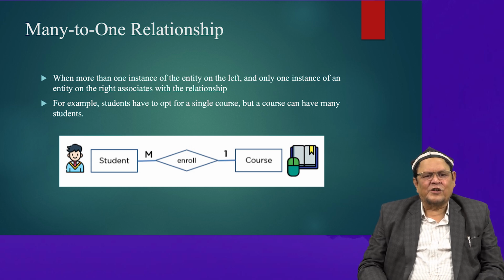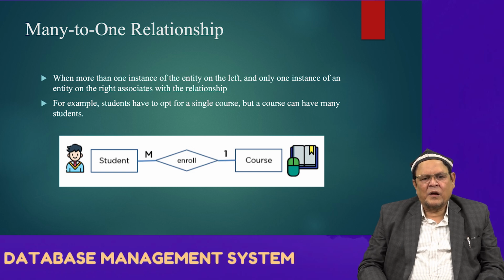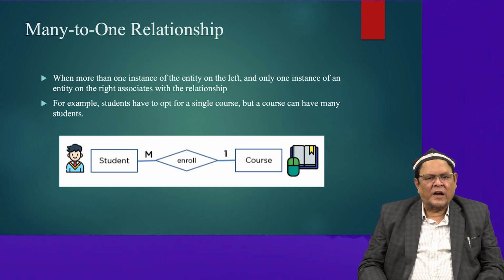In an entity relationship diagram, a many-to-one relationship indicates a connection where multiple instances of one entity type are associated with a single instance of another entity type. This relationship is depicted by a line connecting the entities, usually with a crow's foot symbol indicating the many side.